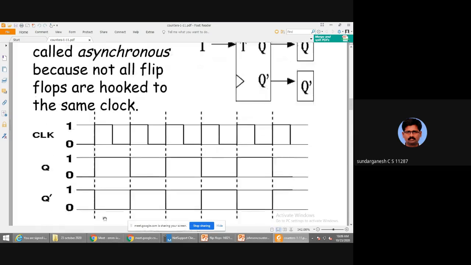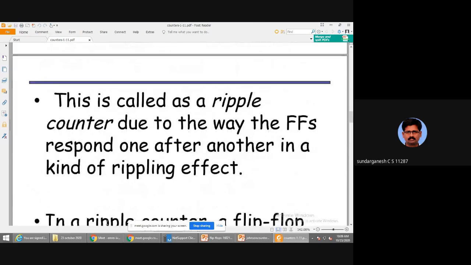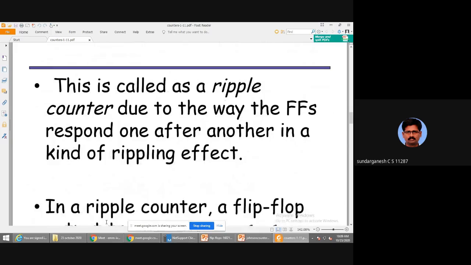Q bar is the inverse. We call these asynchronous counters ripple counters, because only when one flip-flop responds can the next flip-flop respond. All the flip-flops cannot respond at the same time. That is known as a ripple counter, and this is known as the rippling effect.